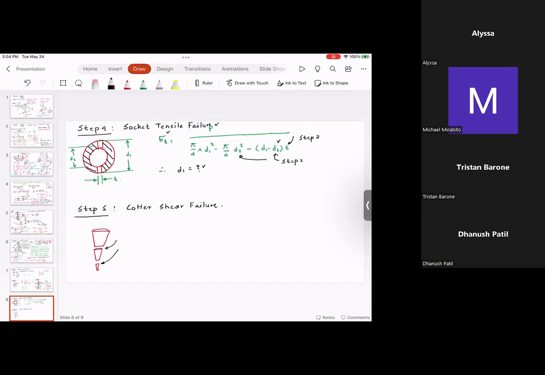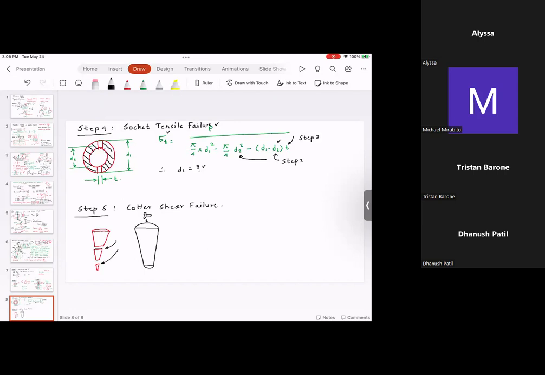Now, one thing I want you to understand is Cotter typically has a taper, and this taper value is specified in the design book. And what you have is you have curved ends in the top and the bottom, because what you do is you basically hammer this end so that the Cotter gets interference fit when it is holding the spigot and socket.